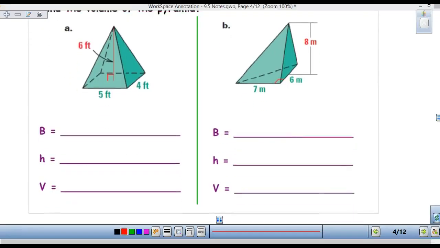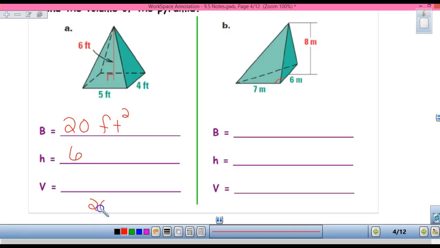Area of my base. 20 feet squared. What's my height? 6.